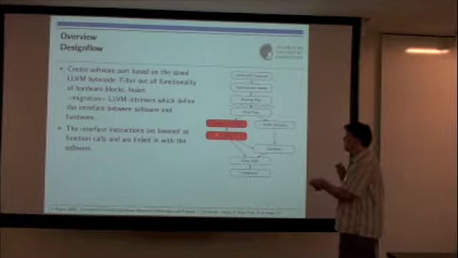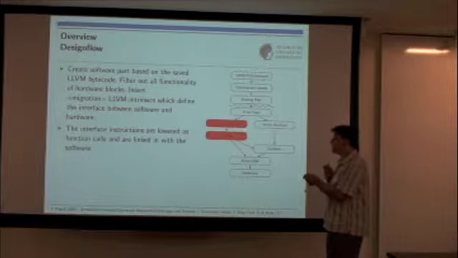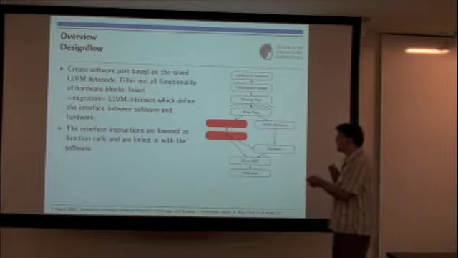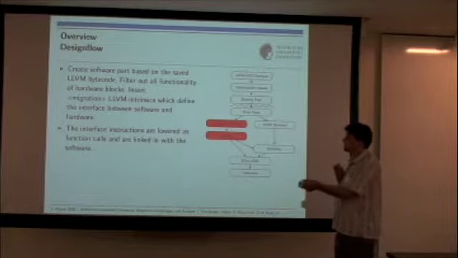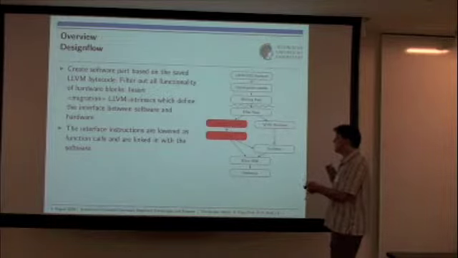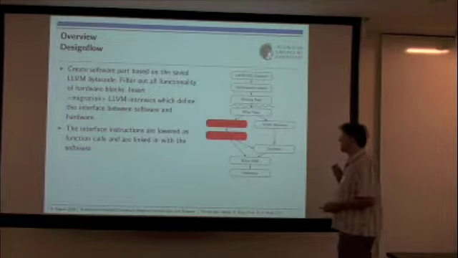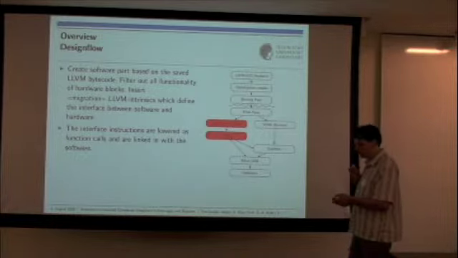After filtering, the PowerPC backend is run. The PowerPC backend has been extended to know about the migration intrinsics, and then we have the linking step, and yeah, pretty much standard software design flow.